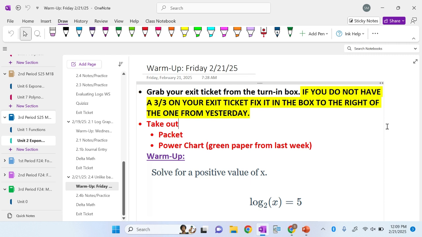What about log base 5 of 25? Given a base of 5, what is the power that equals 25? 2.